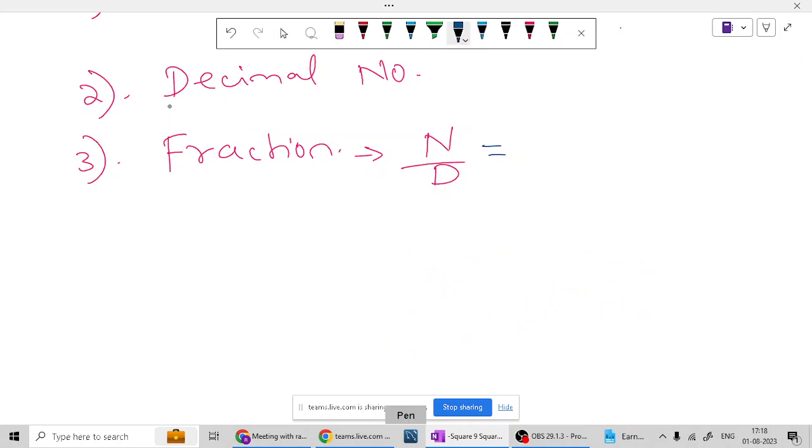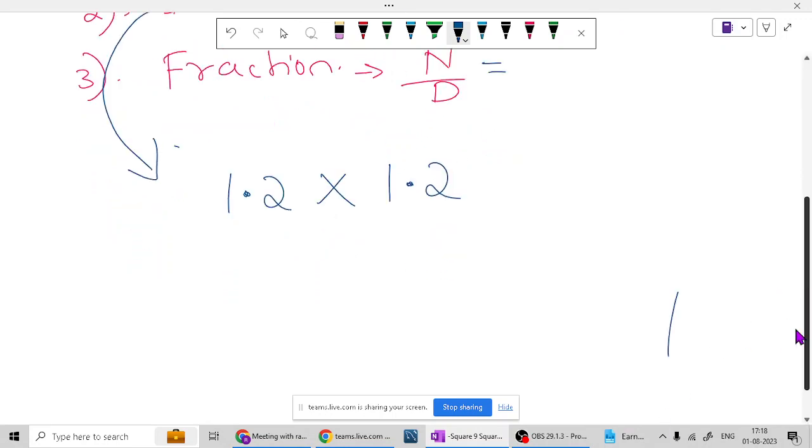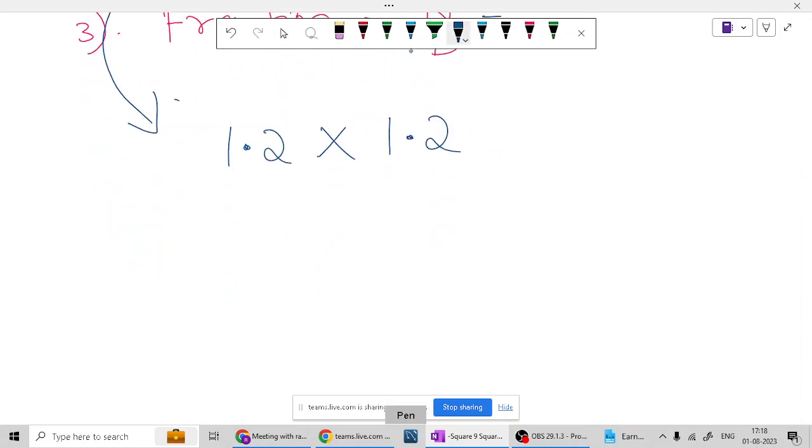What if you get decimal numbers? For example, let me take 1.2 into 1.2. How do you multiply this? For decimals, first we remove the decimal, right? Yes, sir.